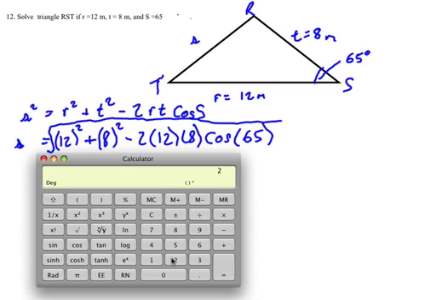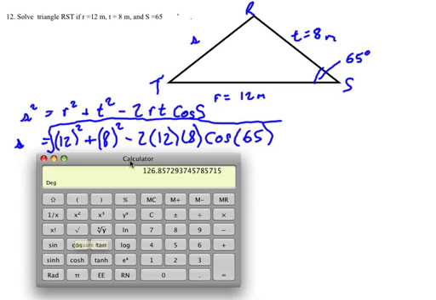So it's 2 times 12 times 8 times 65 cosine. And we're going to close the bracket and hit equals. And we're going to take the square root of that answer.